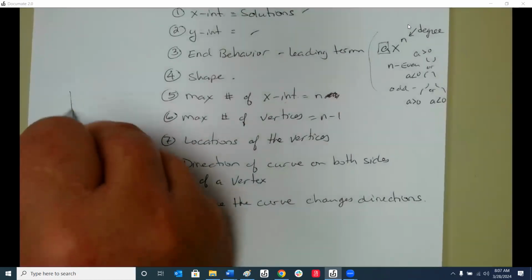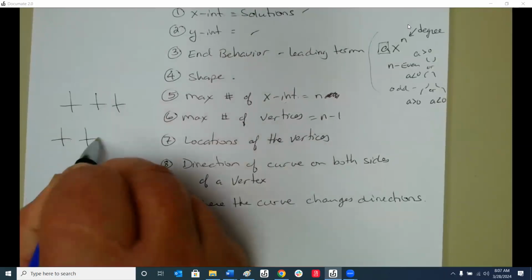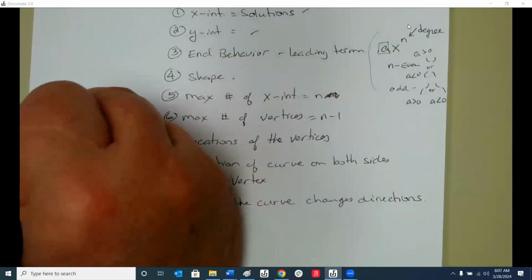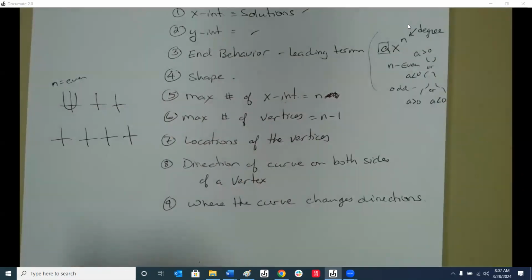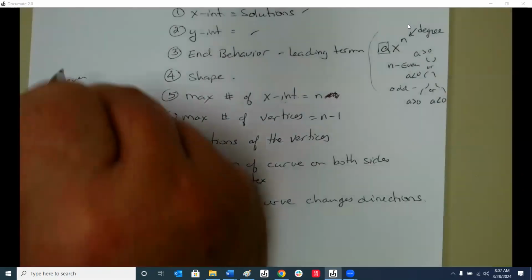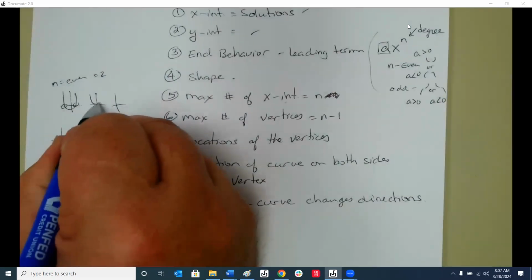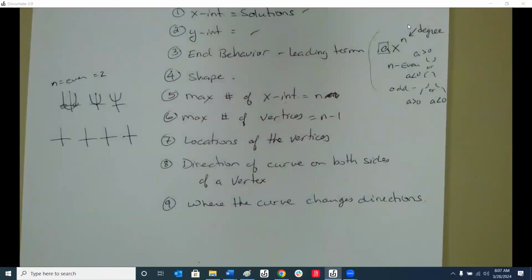Because remember, if n is even, you can have, for example, n equals 2. We can have 2 solutions, we can have 1 solution, or we have no real solutions.